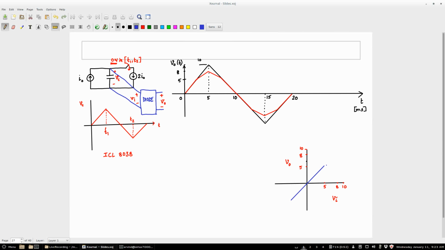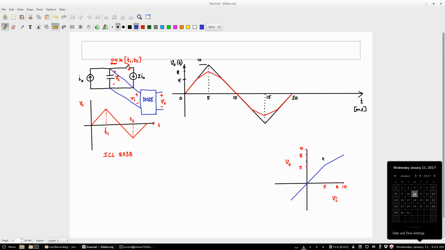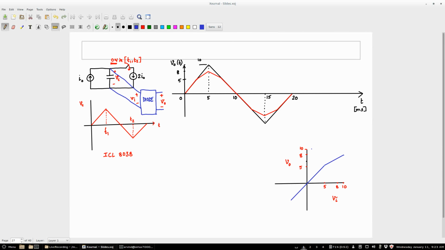This is the input and output, and that has to be the capacitor. But what am I interested in? The transfer function that I'm interested in here is that from minus 5 to 5, I want V out equal to V in, in this area. I want V out equal to V in here, here, here and here.